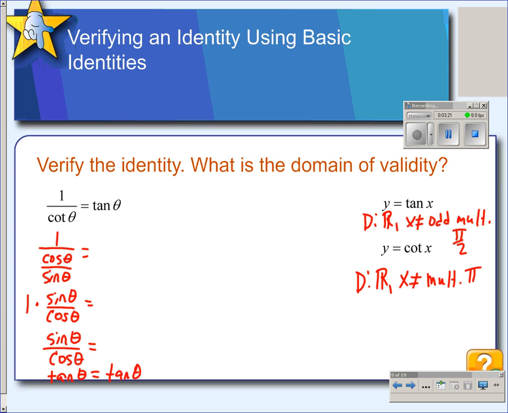So if you put that together, basically you're excluding every multiple of pi halves because the even multiples of pi halves would be the multiples of pi. So the domain of validity here is all real numbers where theta cannot equal any multiple of pi halves.